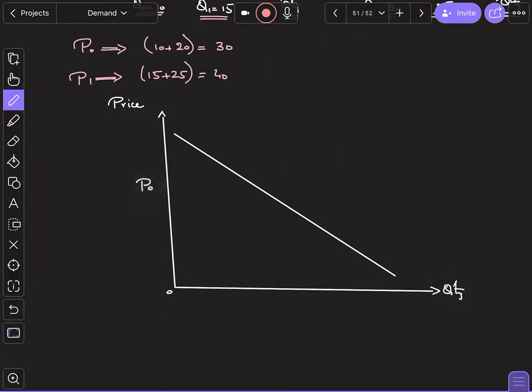When the price was P naught, the quantity demanded was 30. And if the price goes down to P1, the quantity demanded in the market was 40 units. So this is your market demand curve.